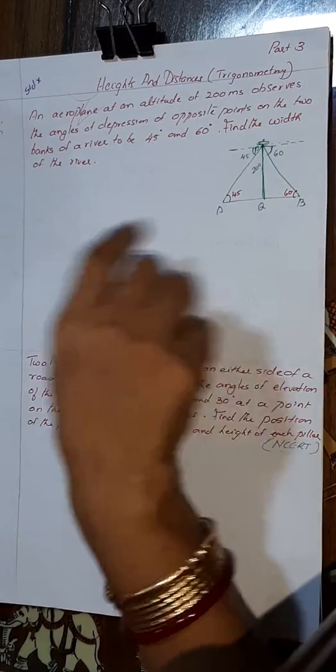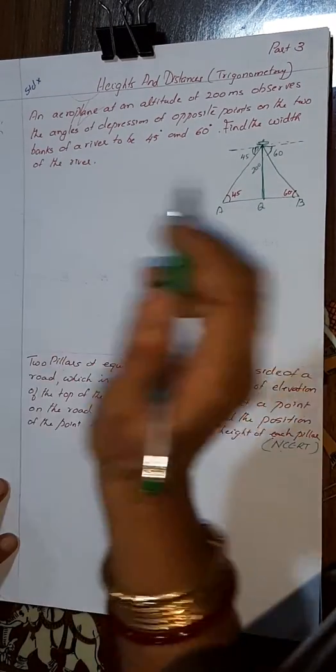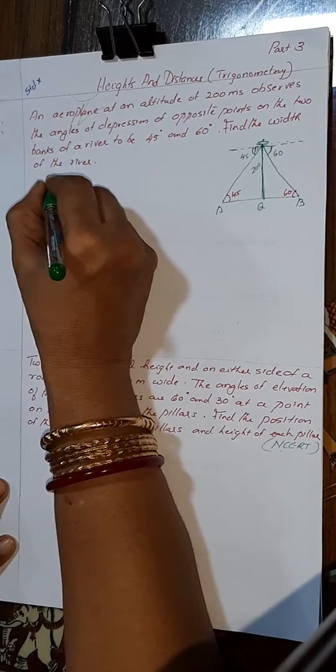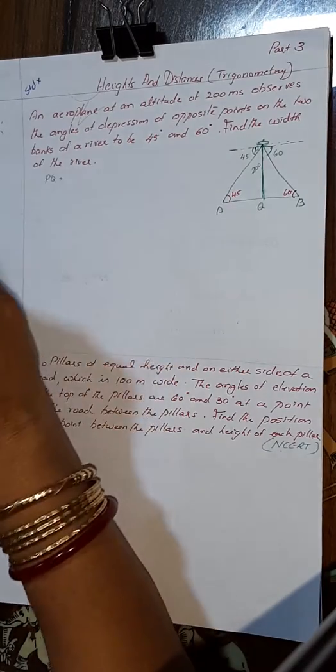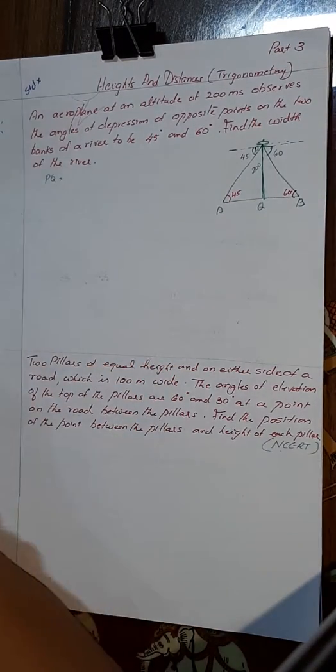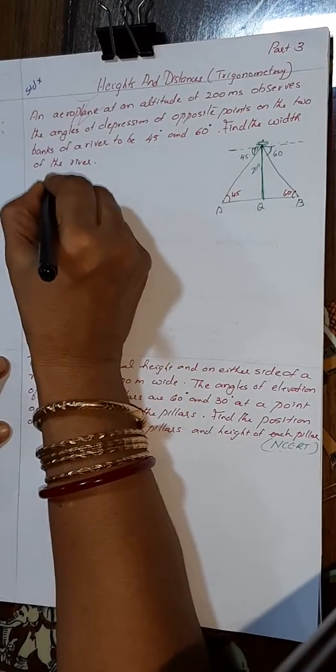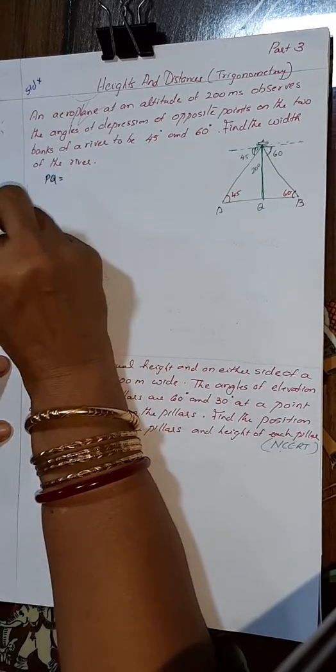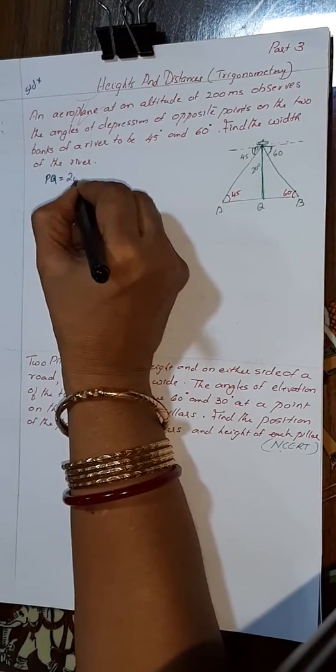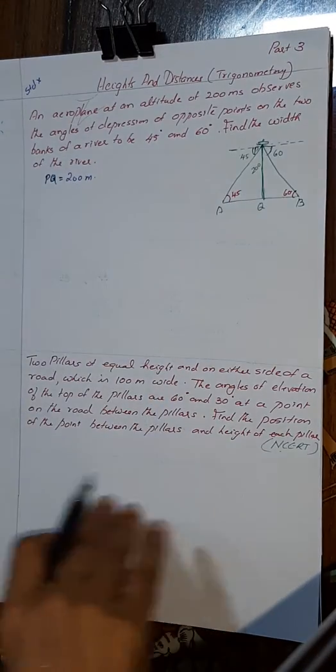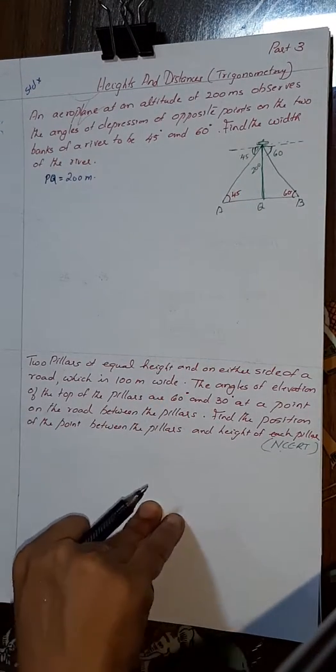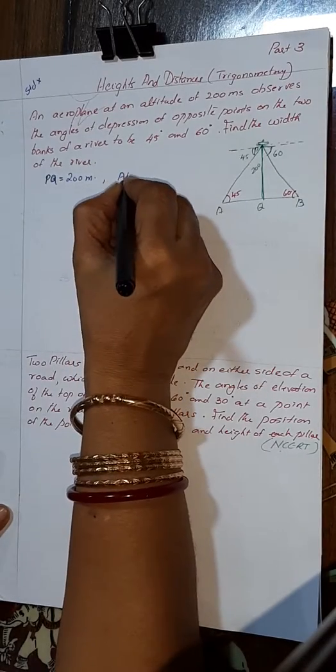Now we have to find AB. So PQ is given as 200 meters. Now we have to find AB.